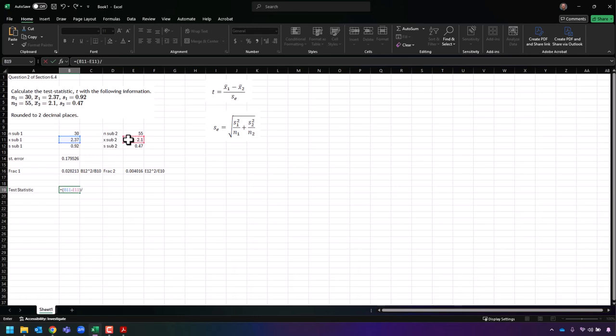That's the difference of the means, and then divide by the standard error. And there it is. We were supposed to round this to 2 decimal places, so that 503, excuse me, will go there, and here is our final answer.